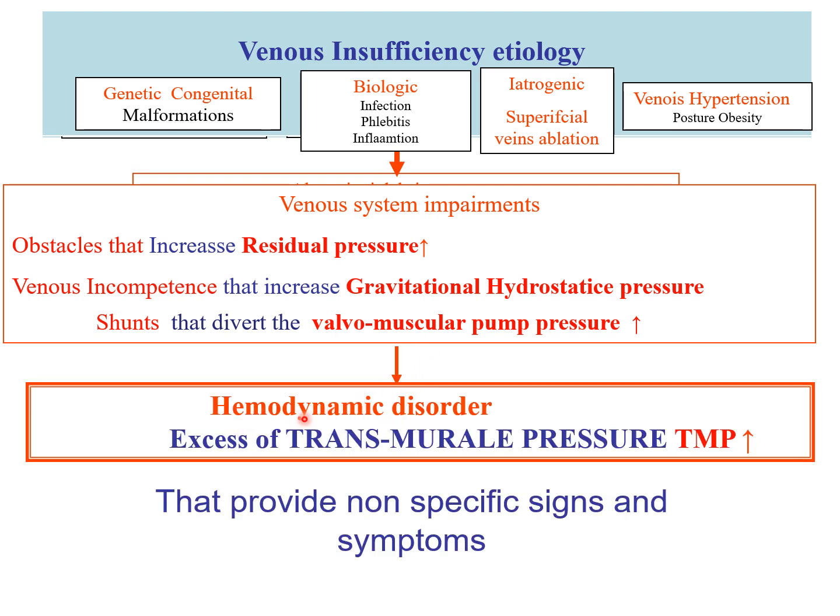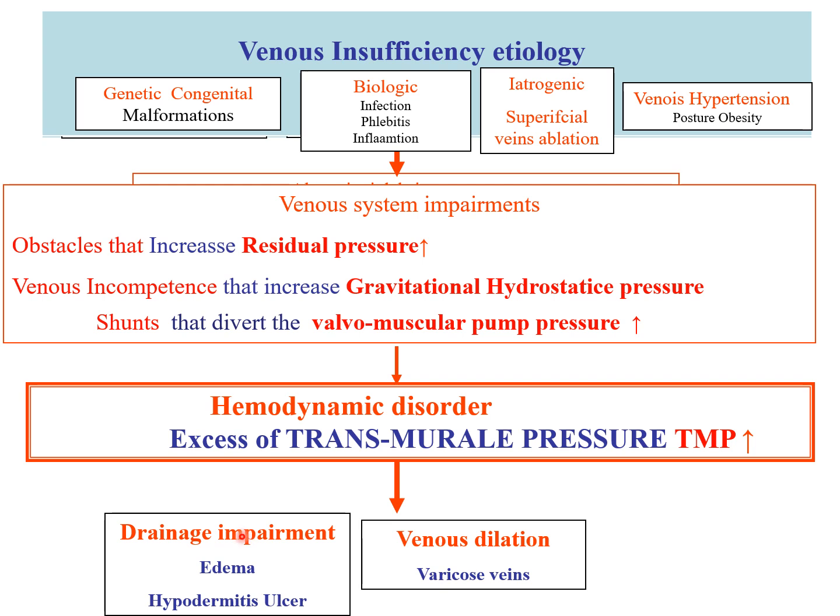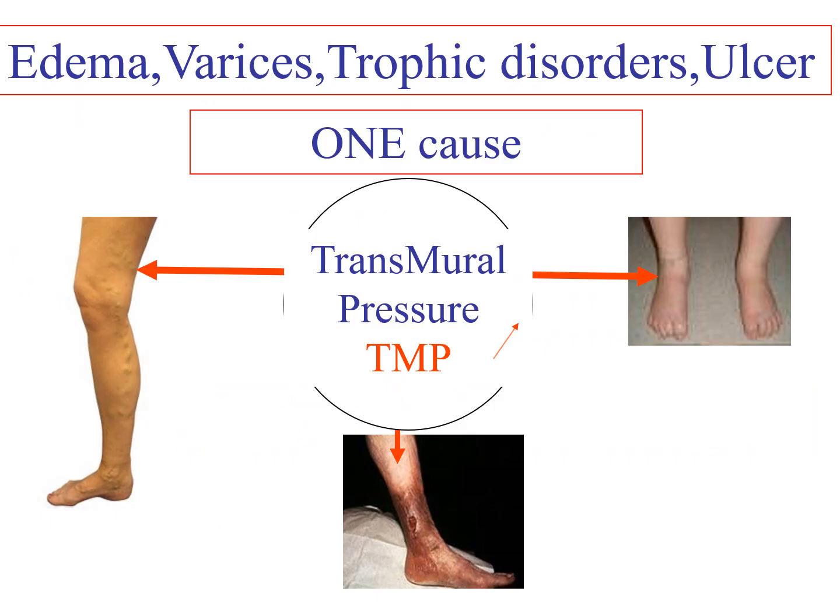These are responsible for hemodynamic disorder by excess of transmural pressure, which provides non-specific signs and symptoms. Drainage impairment causes edema, hypodermitis, and ulcer, and venous dilatation is the cause of varicose veins. Edema, varices, trophic disorder, and ulcer have one cause, an excess of transmural pressure.